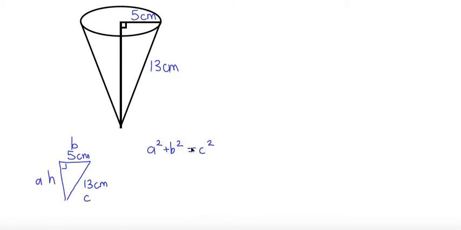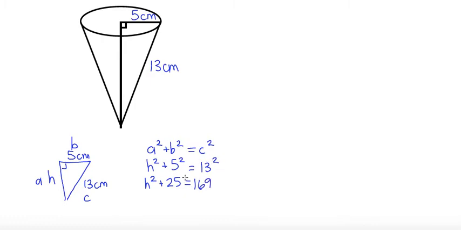So substituting in the values from my triangle, I get h squared instead of a, plus 5 squared for b, and 13 squared for c. I have to calculate my exponents first. So h squared plus 25, 5 times 5, is equal to 169, or 13 squared.